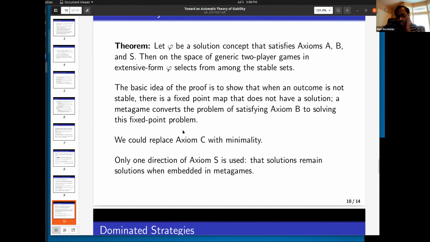So that's the theorem. In fact, this theorem crucially depends on having two players. To give you an idea, everybody knows the beer-quiche game. The beer-quiche game is thought of as a sender-receiver game. Think of it as a two-player game, but one could also think of it as a three-player game where the two senders are two different players. If I treat it as a three-player game, these techniques don't work to say that you must select from the stable sets.